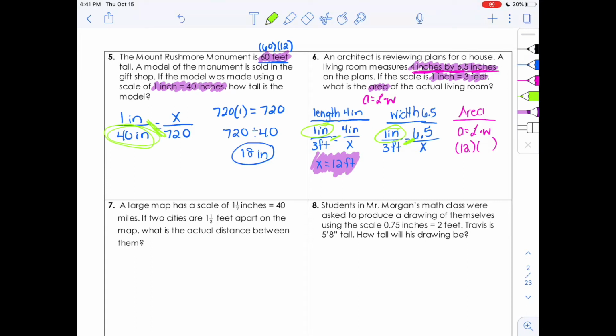And that gives us 19.5. And 19.5 divided by 1 gives us 19.5. So our actual width equals 19.5. So that's what we're going to use to find the area. So we will plug that into our width. So 12 times 19.5. And again, putting that into a calculator, we get that the area is 234.